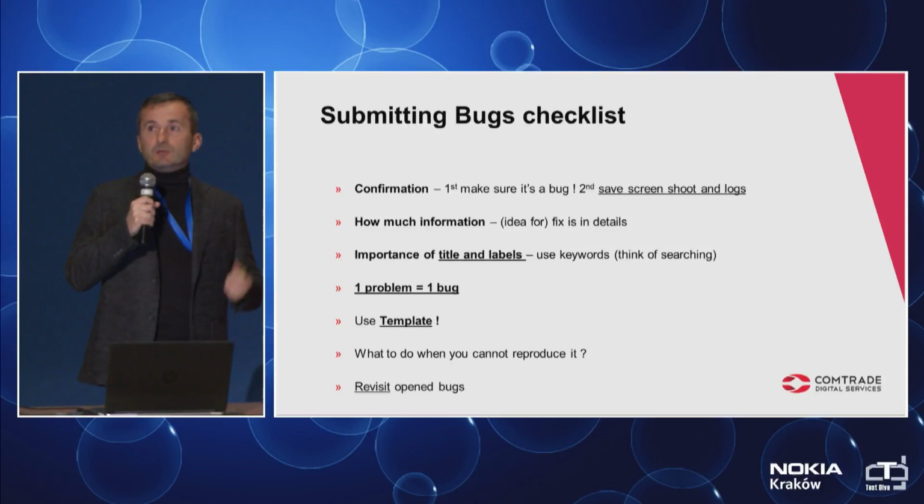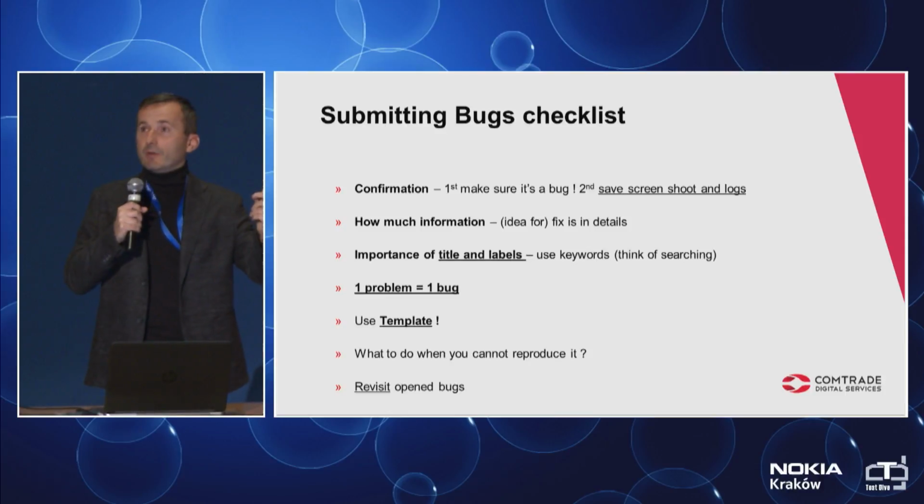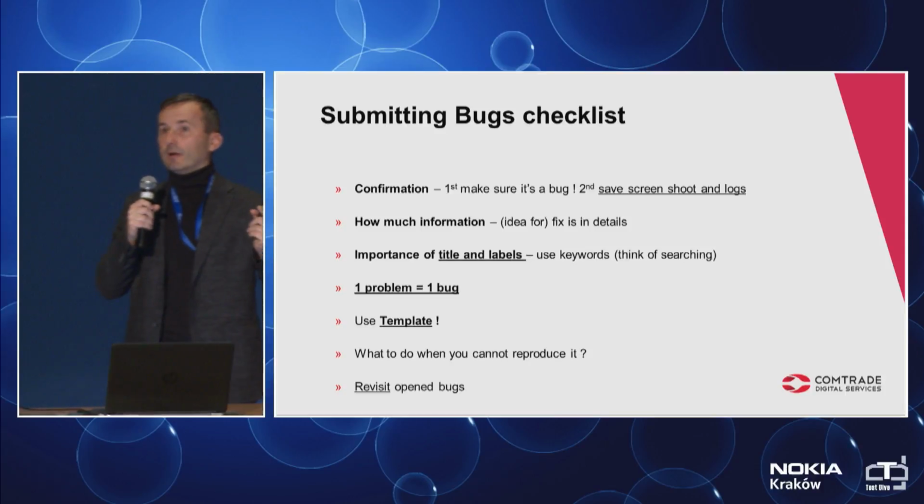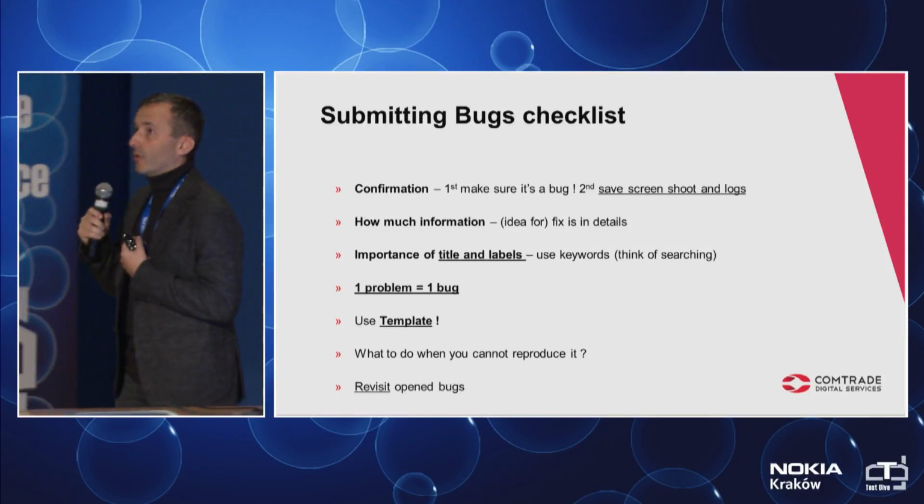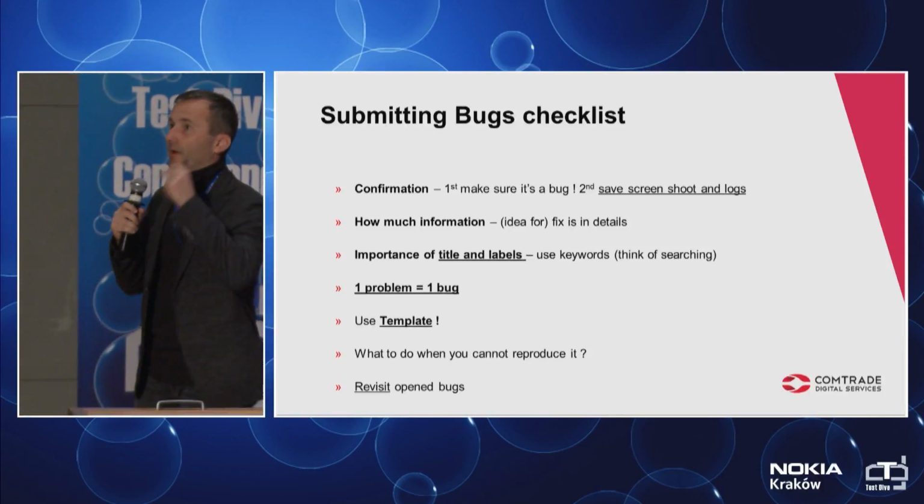A very useful thing is to use a template. When you try to open a new bug, have a template ready, like you need to enter the environment, often forgotten when somebody is submitting a bug. You need to enter test steps. I don't know about your company, but in my company, developers never write test steps.